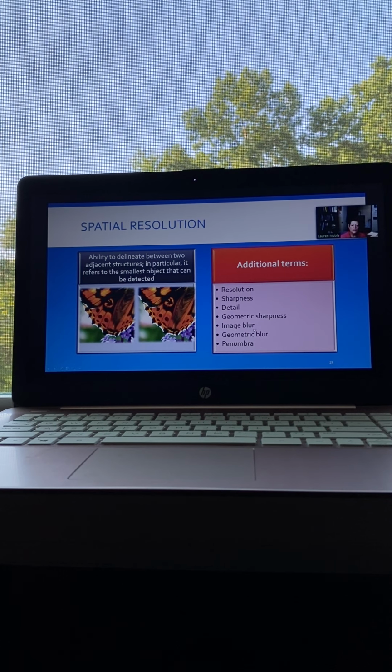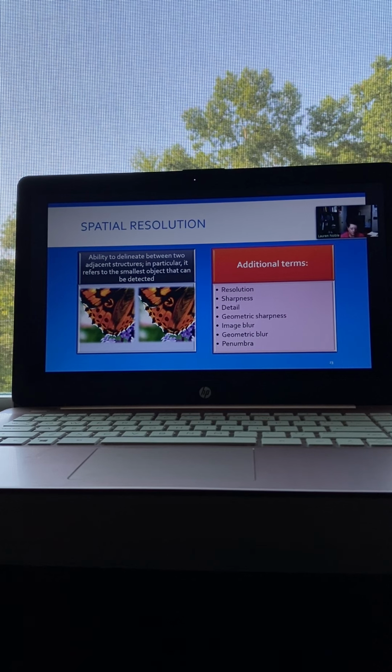The last three, though, image blur, geometric blur, and penumbra, have to do with how much unsharpness there is. So if you hear the word penumbra, yes, it's spatial resolution, but it's referring to exactly how much unsharpness is on that image.